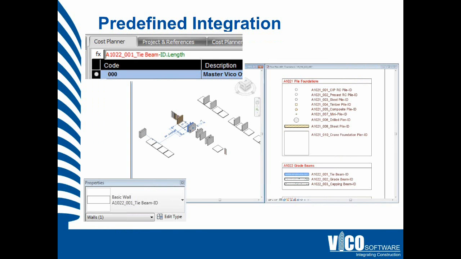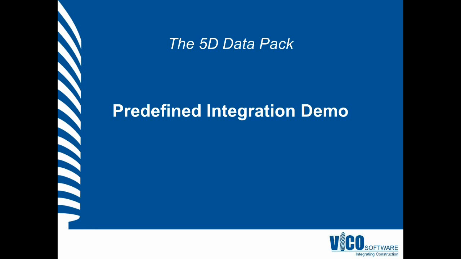In order to link that correctly with the tie beam model element, we have predefined that in the warehouse, in the Revit part of the 5D data pack, by assigning that exact same family type. So over here, we've got a matching name. And that means that once you publish this element to Vico Office and activate it by family type, this formula will go green, which means that quantities are being received from an element that you just published and activated.